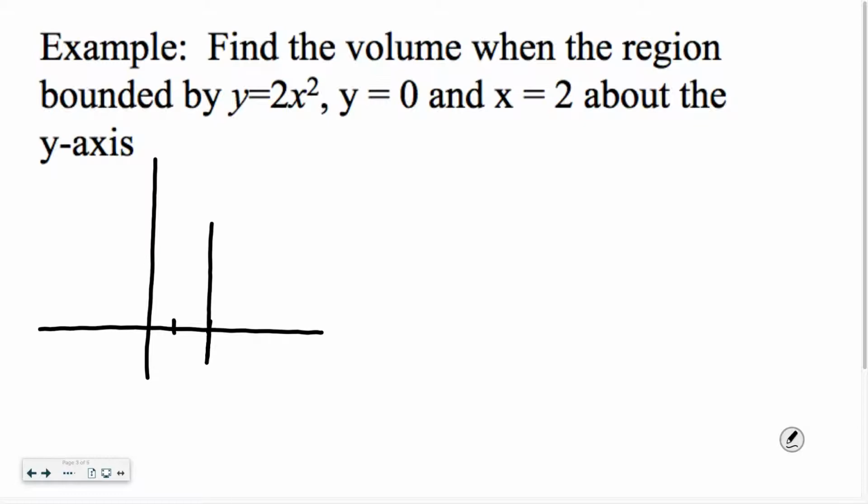So this would be x equals 2. You agree? y equals 0 is just the x-axis. And then we have our parabola. But probably only that part of the parabola since we are bounded by the x-axis and x equals 2.